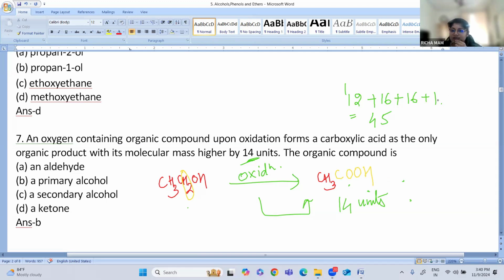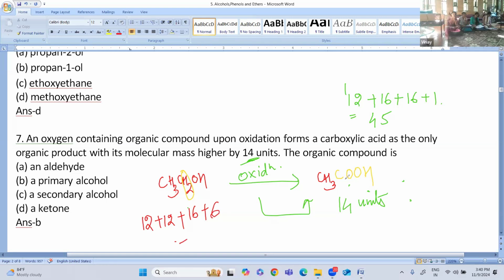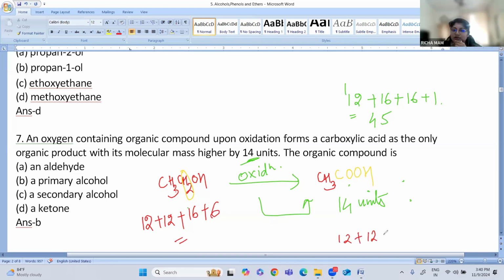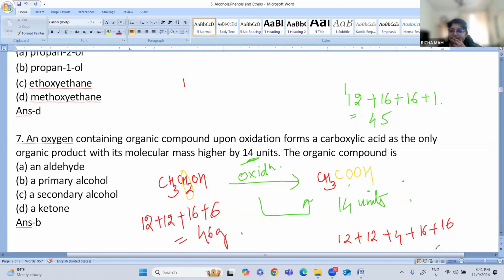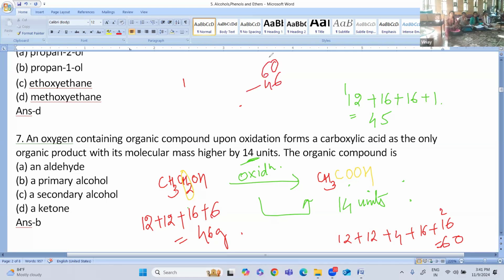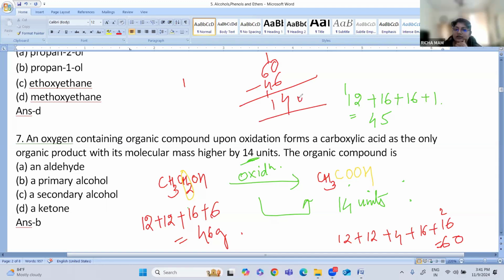Now calculate the mass. For CH3CH2OH: carbon 12 plus 12 plus 4 plus 16, that is 46. For CH3COOH: 12 plus 12 plus 4 plus 16 plus 16, that is 60. 60 minus 46 is 14.